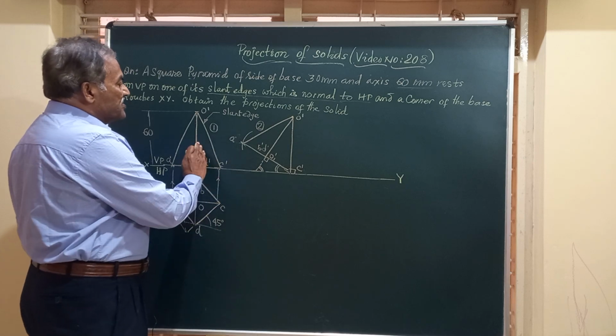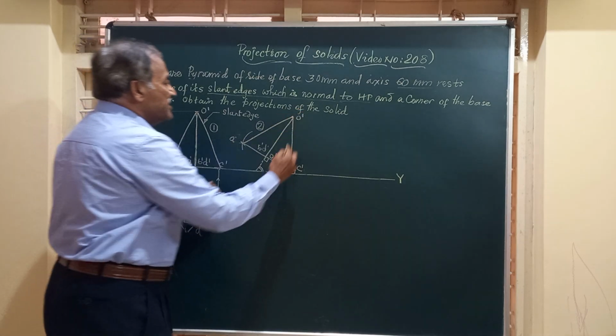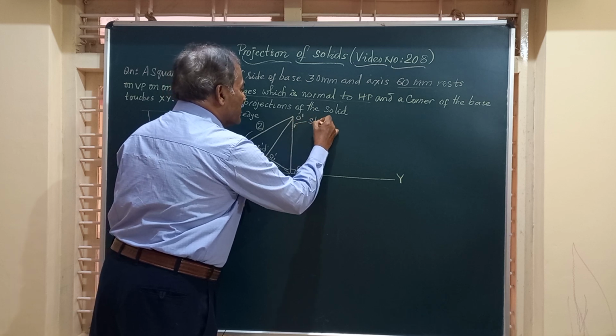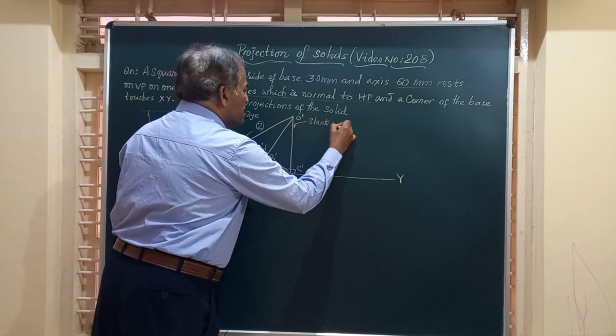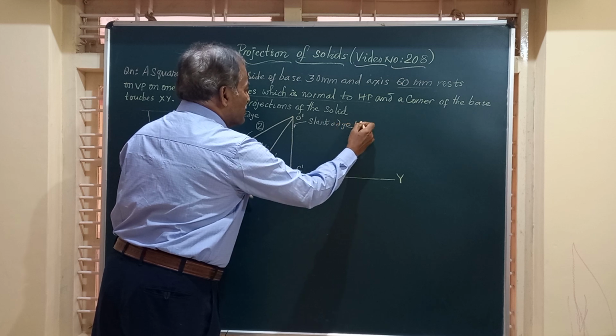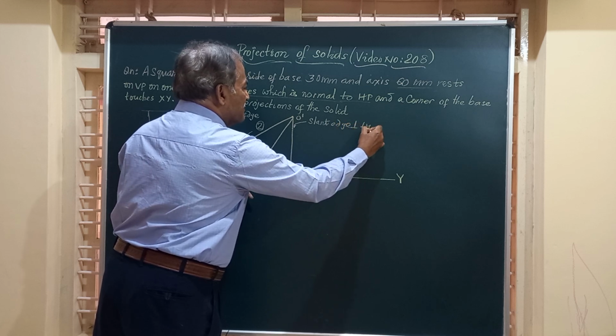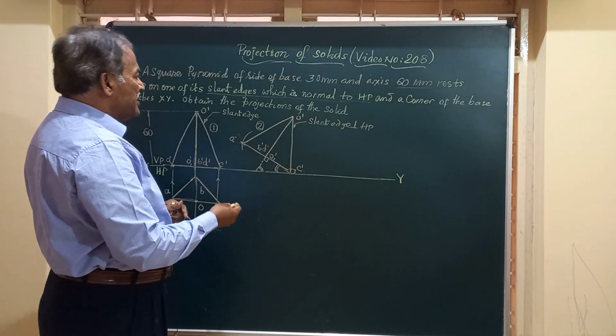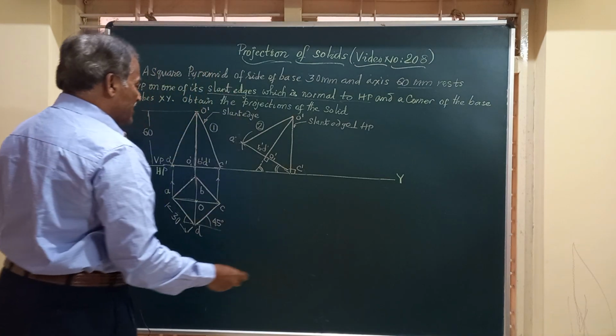Friends, we have drawn this figure here with O dash D dash, this slant edge, perpendicular to HP. So let's obtain the corresponding top view. Friends, we will move in order.